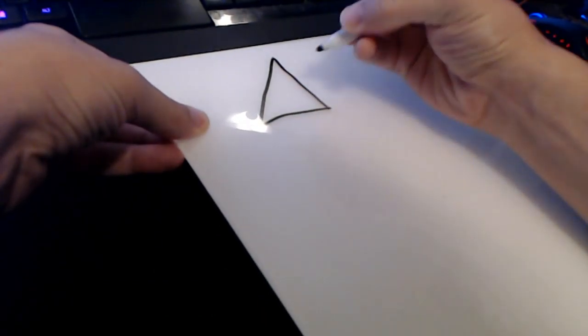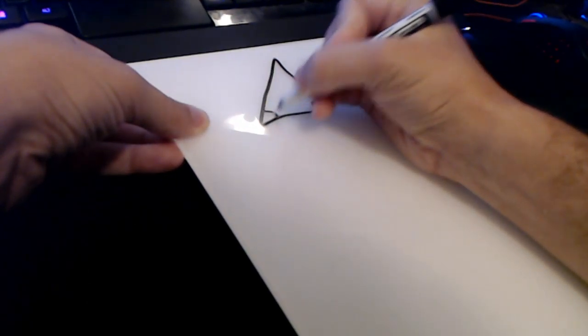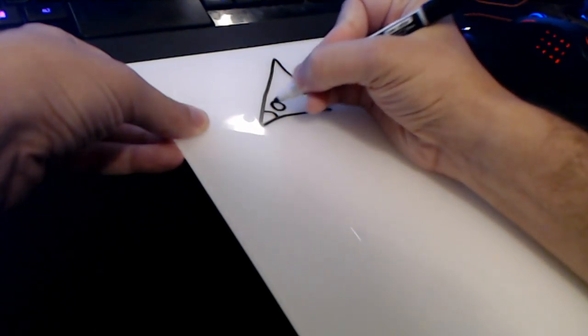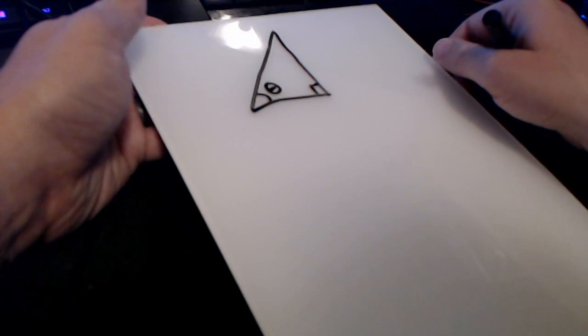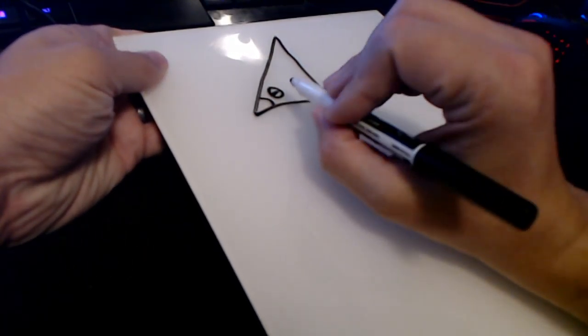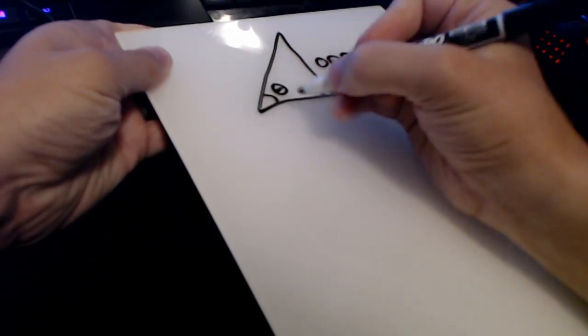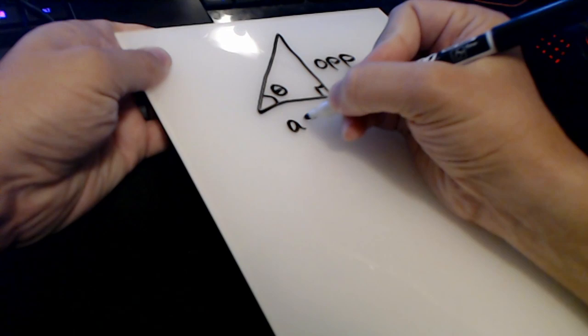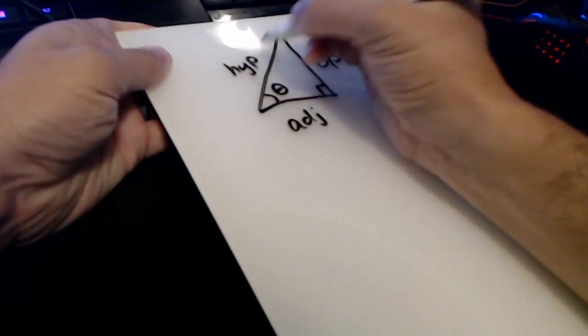If you know how to draw lines correctly, it has a little square here that means 90 degrees. And then you pick either this angle or this angle to be your theta. Theta allows you to have a basis of what side you want to look at. So in this case, theta, we're looking towards this side. That would be our opposite side. This side would be our adjacent side. And this side would be your hypotenuse or the diagonal.